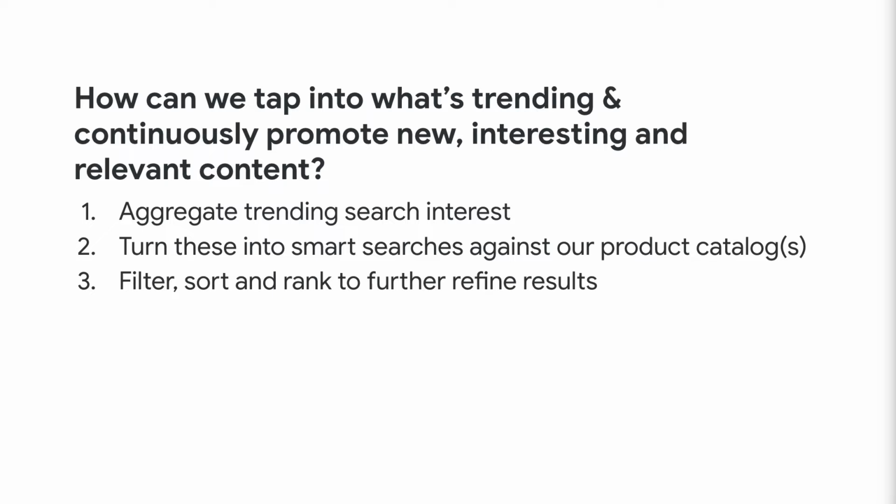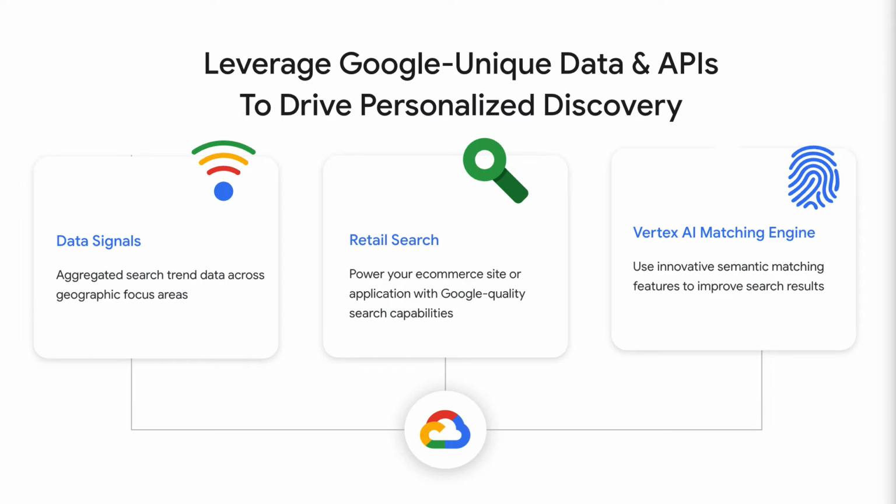And finally, number three, how can we then further refine these candidate results into thematically or semantically relevant recommendations? We'll spend the next few minutes introducing three key Google Cloud Platform services that we can use to build an integrated solution for addressing these three challenges: data signals, retail search, and Vertex AI Matching Engine.